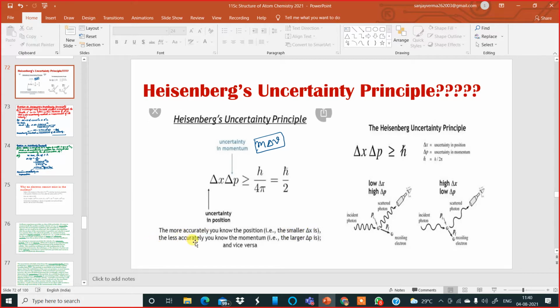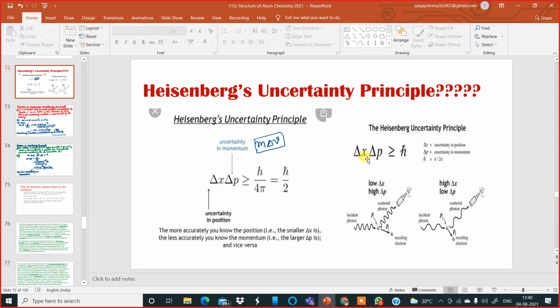The less accurately you know the momentum, the larger delta p is, and vice versa. So if you know the position, you lose the momentum. If you know the momentum, you lose the position. So at one time, you can know any one of them more accurately. Okay. That was the Heisenberg's uncertainty principle.